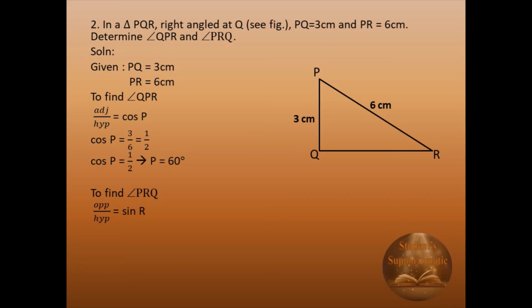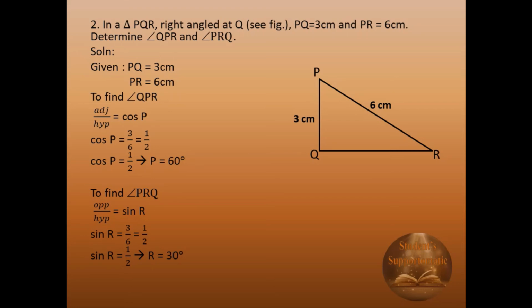So opposite by hypotenuse is sine R. Opposite value is 3 and hypotenuse value is 6. So 3 by 6 means it is 1 by 2. So sine R is equal to 1 by 2. When theta value is 30 degree, sine theta is 1 by 2.